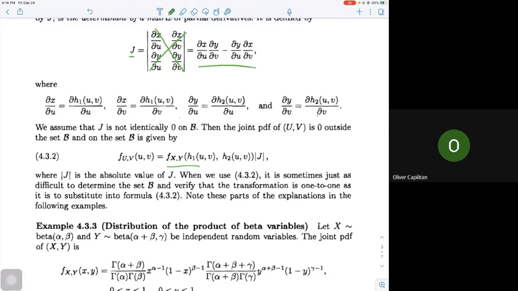So we have h sub 1 of uv and h sub 2 of uv, times not the determinant, but the absolute value of the Jacobian of our transformation.